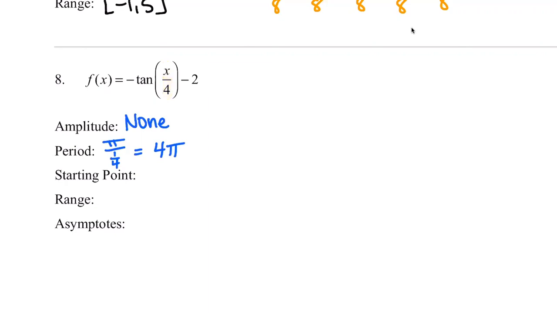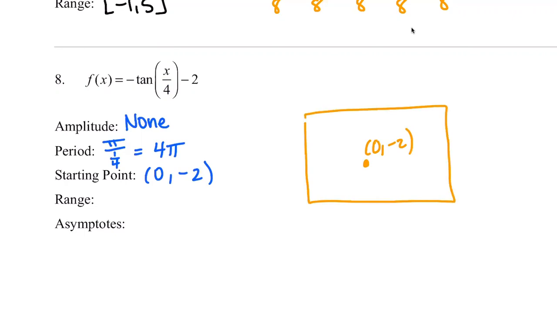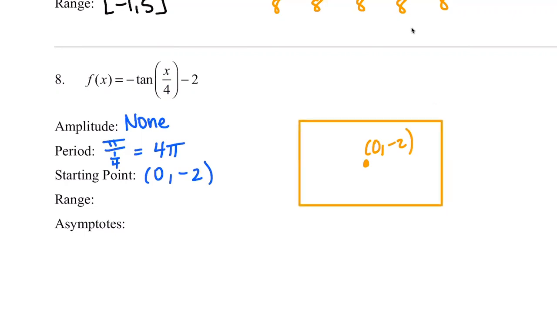Okay, we do not have a c value, and it looks like our d value is -2. So our starting point is going to be 0, -2. Okay, now remember, tangent's the weird one. Starting point is in the middle of our frame. Okay, so that's in the center.